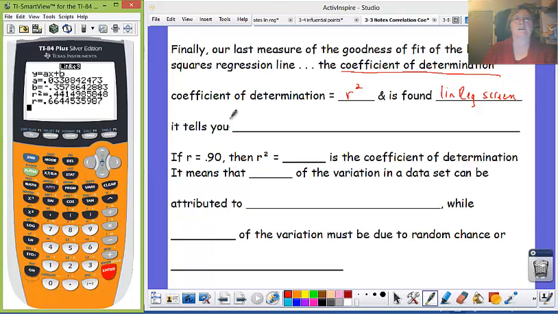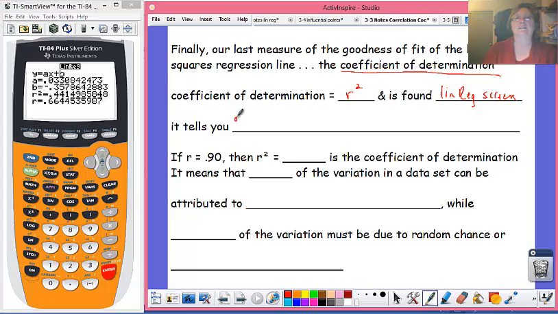And here comes our R squared. Notice that it is about 0.441. It's just found by taking the value of R and raising it to the second power. The coefficient of determination tells you the percent of variation in Y due to using X as a predictor.